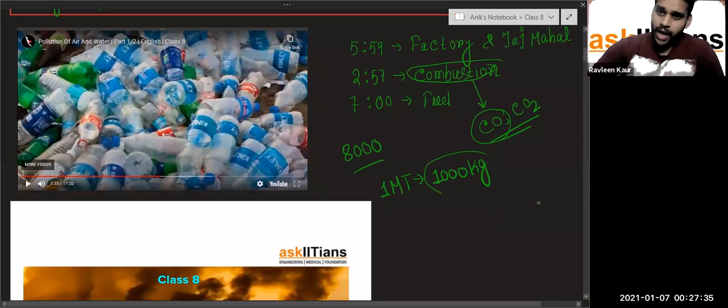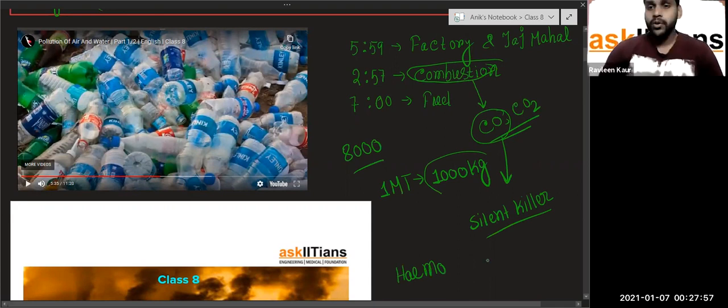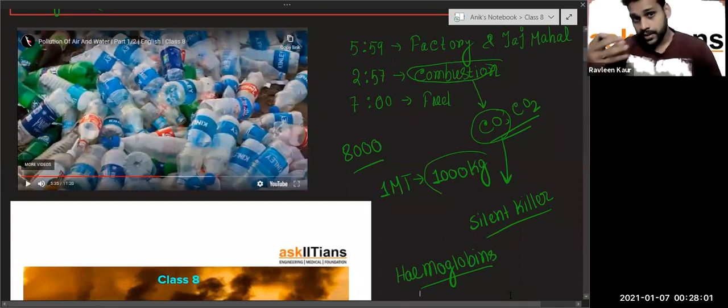I think you have read that inside your blood there are hemoglobins, right? Now, what about this hemoglobin? These hemoglobins are made up of irons. These irons are making our blood red in color.